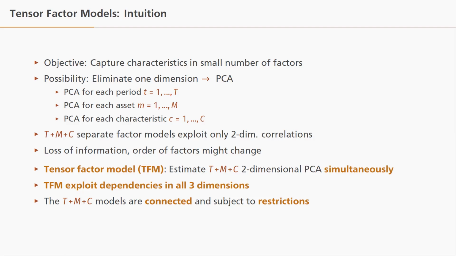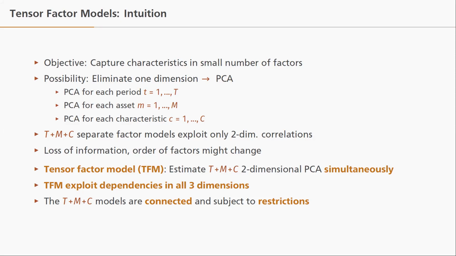We could also do PCA for each asset. We slice it in the M dimension, so we have M separate PCA models. And finally, we can also slice it in the characteristic dimension and estimate C separate factor models. So that's one way to eliminate one dimension.